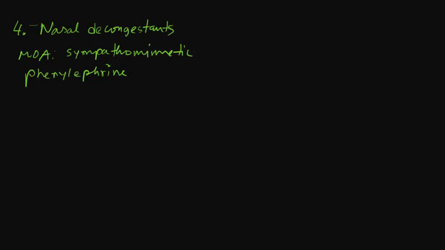One of the nasal decongestants is actually a scheduled substance, which is known as pseudoephedrine. So pseudoephedrine is basically used for the preparation of addictive substances, and that's why it's scheduled.